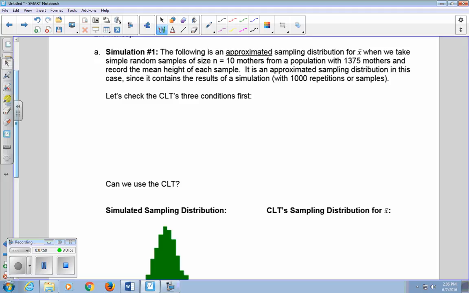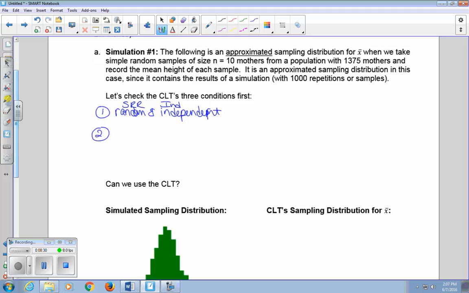So first, were they randomly sampled and independent? Yes. They're a random sample and independent. Oftentimes you'll see me write "simple random sampling was used and ind" for this. 2, what was our sample size?